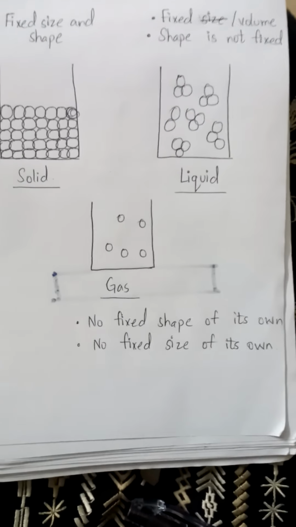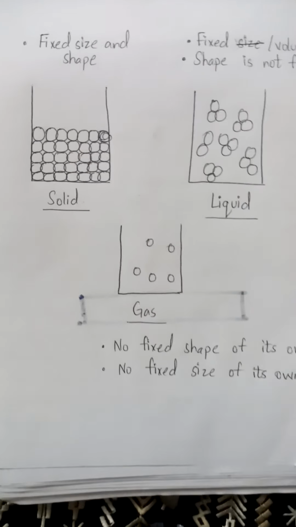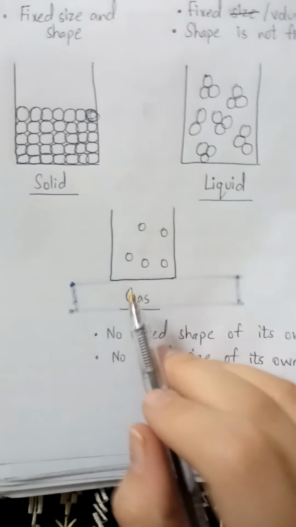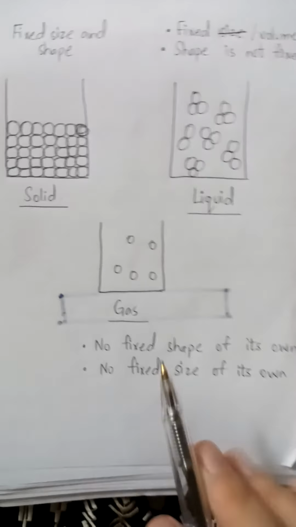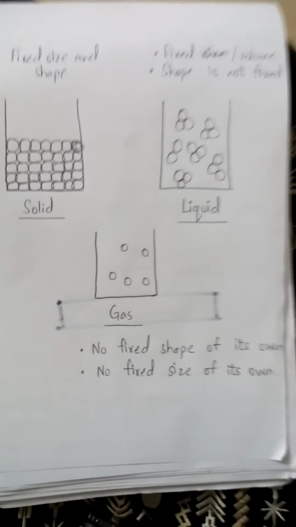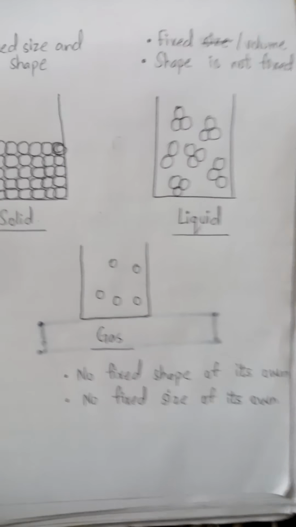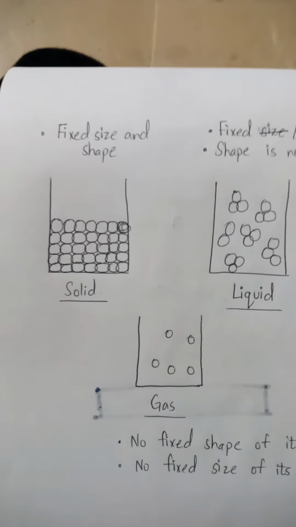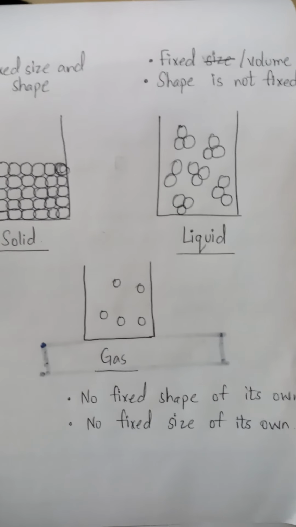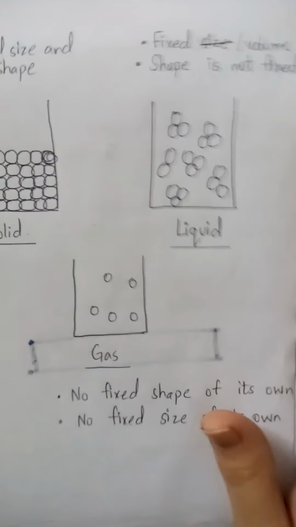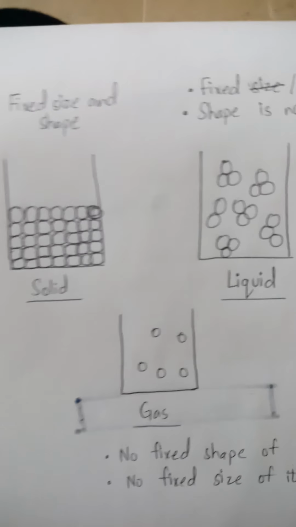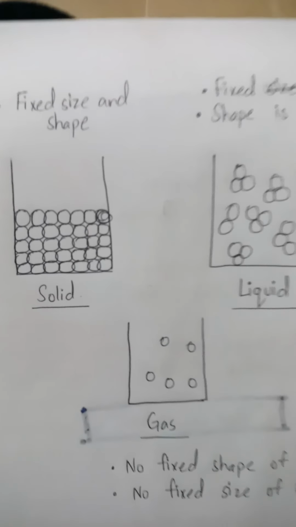Now I have the last state of matter, that is gas. In the case of gas, they have neither a fixed shape of their own, nor a fixed size of their own. The shape and size change. For example, when you blow a balloon, the gas that you have blown into it takes the shape of the balloon.